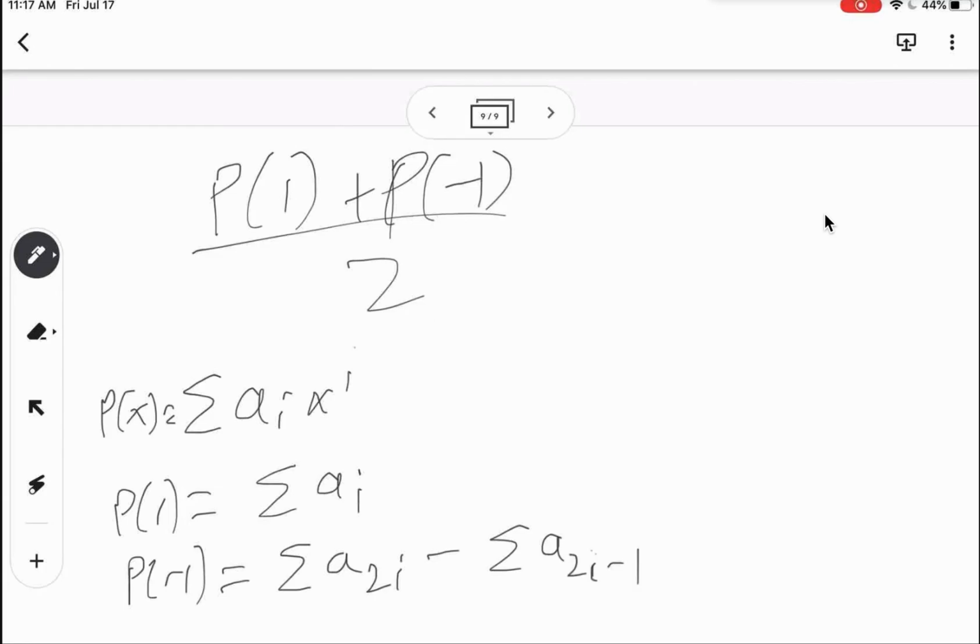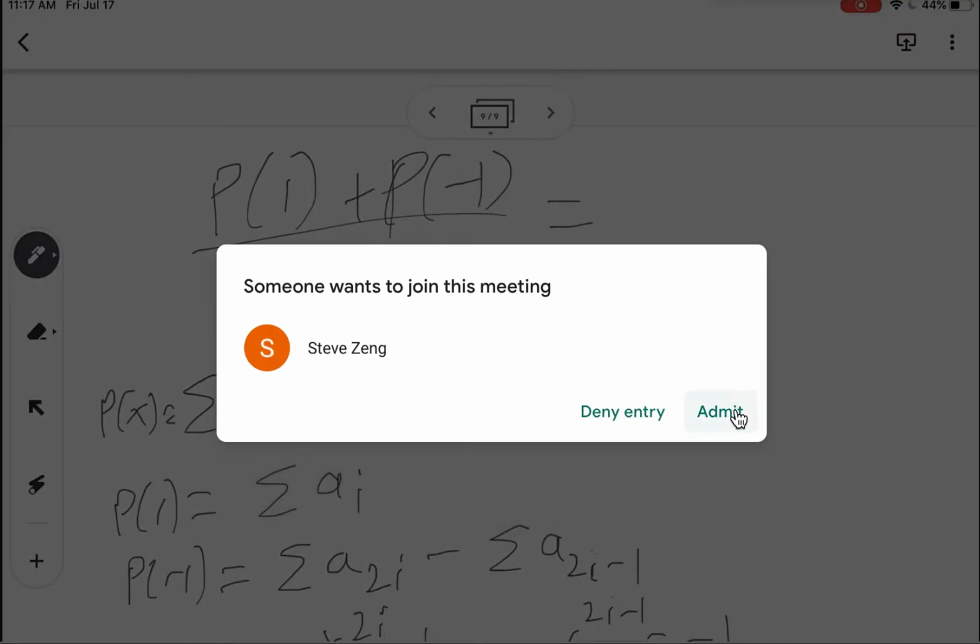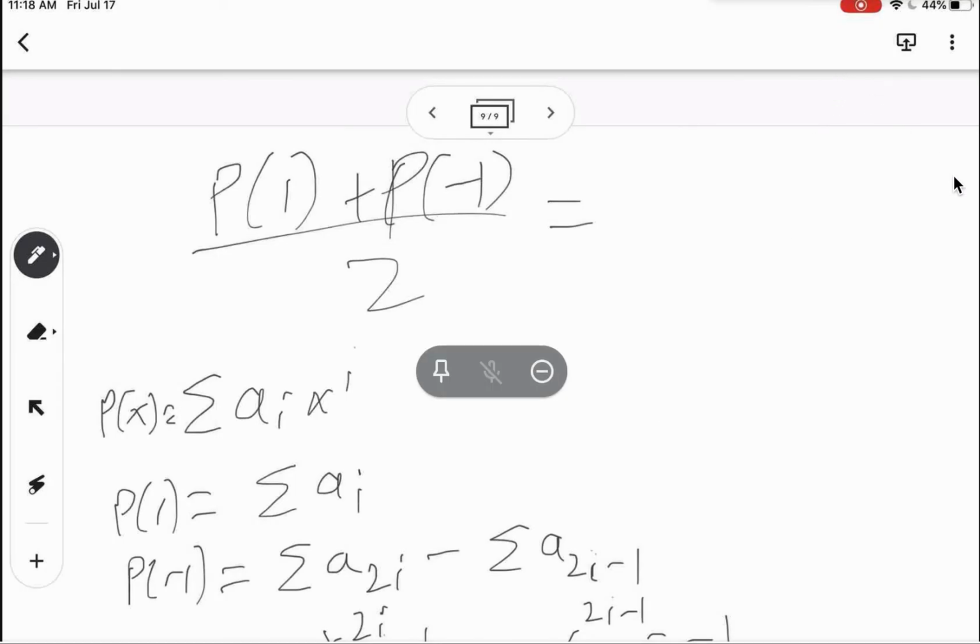All the even powers of x equal 1, and all the odd powers equal negative 1. So if you add these together and divide by 2, the odd terms are counted 0 times, because they're added in P of 1 and subtracted in P of negative 1. But the even terms are counted twice. After you divide by 2, you get exactly what you want: a0 plus a2 plus a4 and so on.